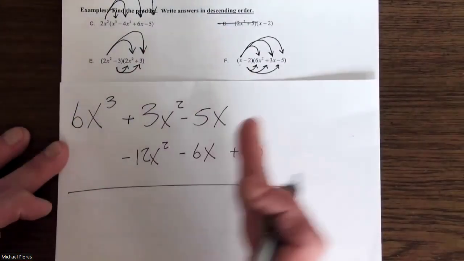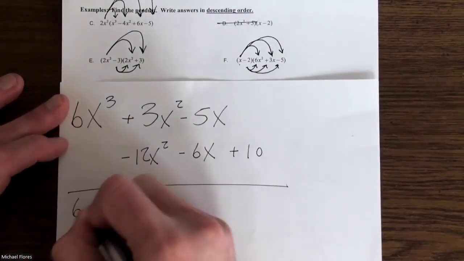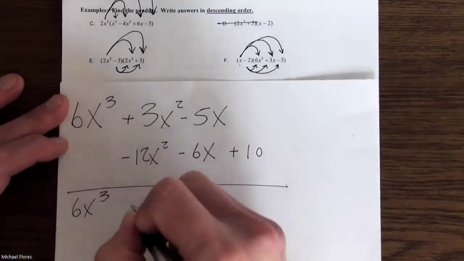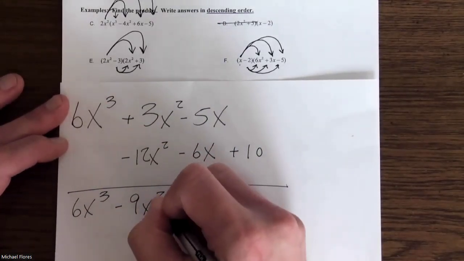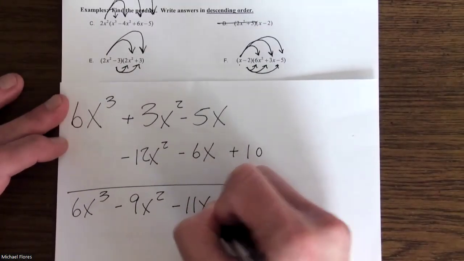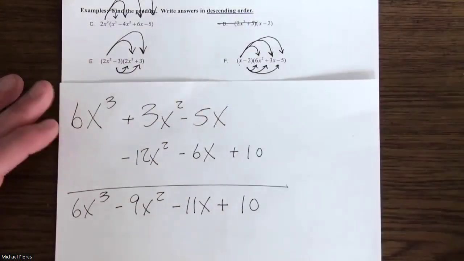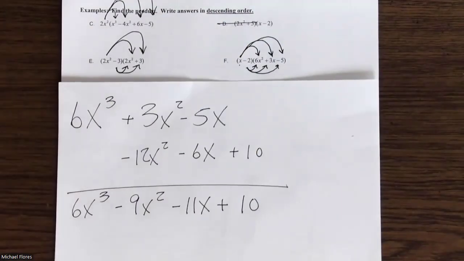Now combine like terms vertically for your final answer. That's it for that one.